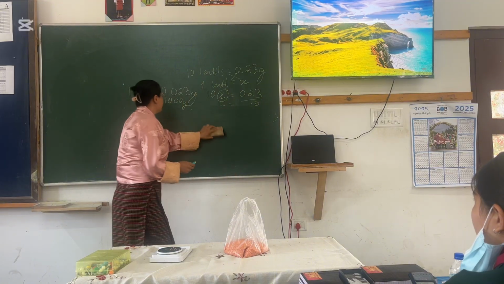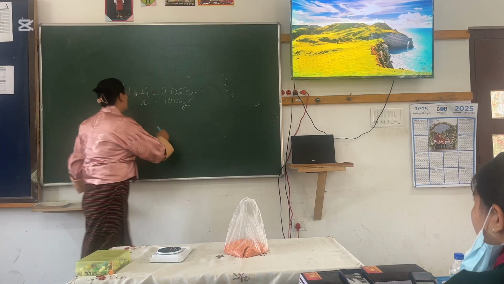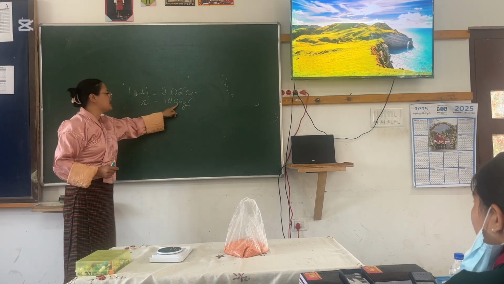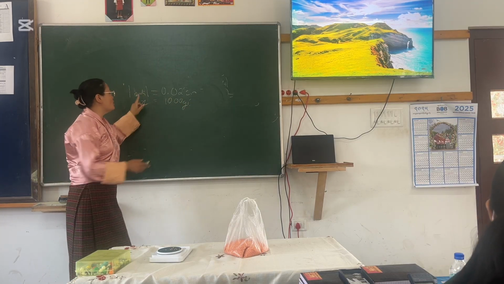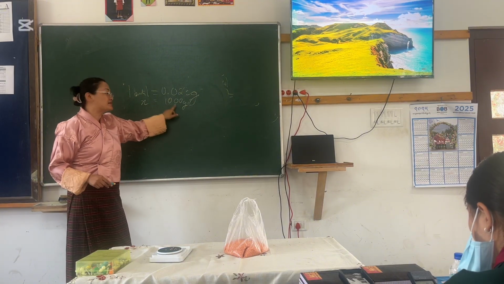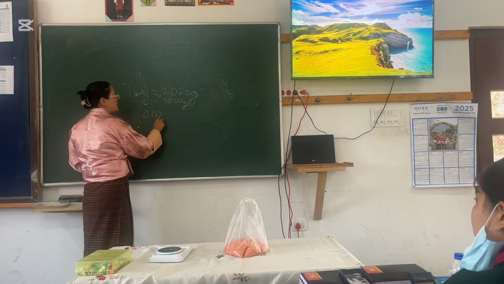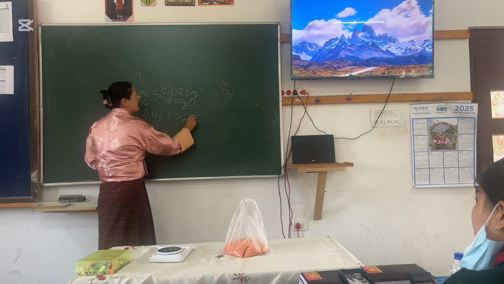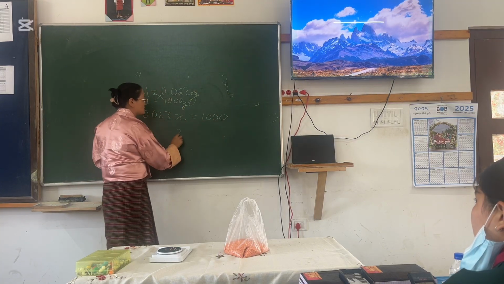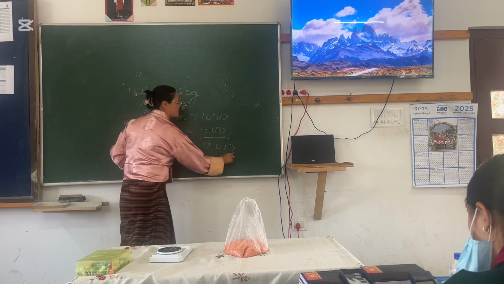So how do we count the number of lentils in that 1,000 grams? We want to count individual lentils in that 1,000 grams. Now we know one lentil is 0.023 grams. You have 1,000 grams, so how many lentils is it? 0.023 multiplied by x equals 1,000. So x equals 1,000 divided by 0.023.